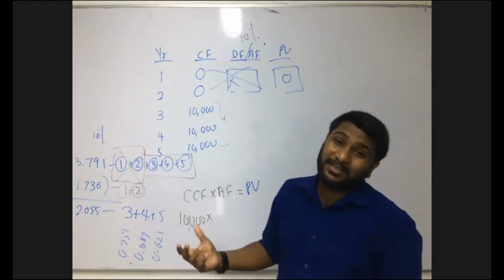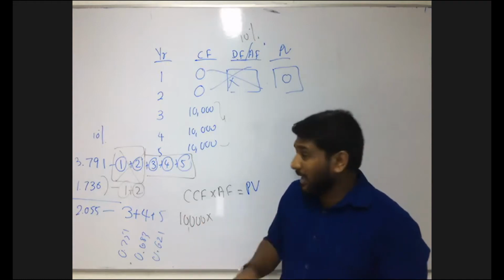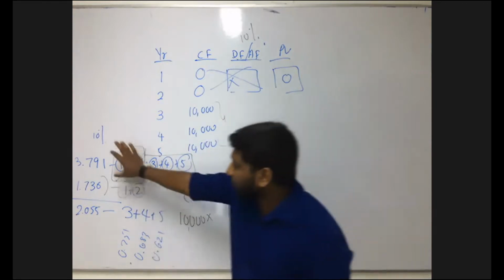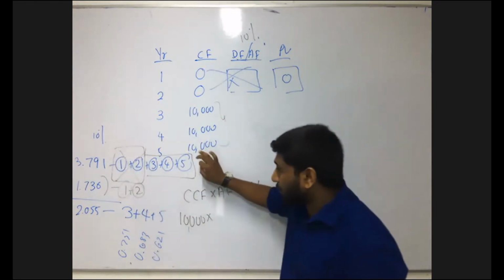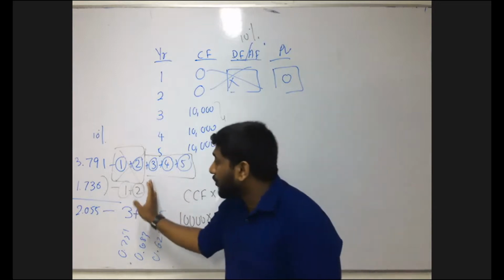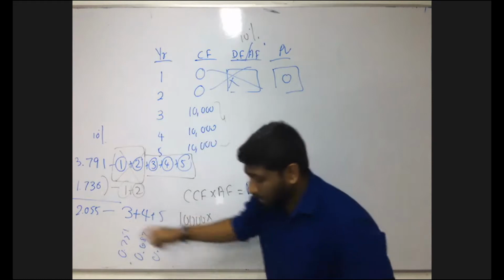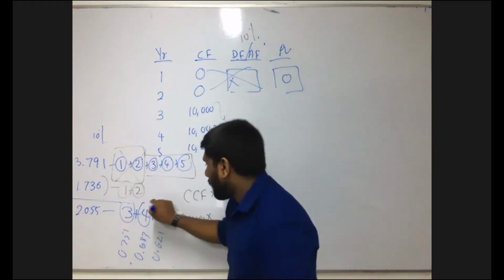That's why I am explaining the logic. Understand the logic. The meaning of 3.791 is the addition of the first 5 years. From that, remove the first 2 years, which are not required. Then you will get the addition of the remaining 3 years, 3 plus 4 plus 5.